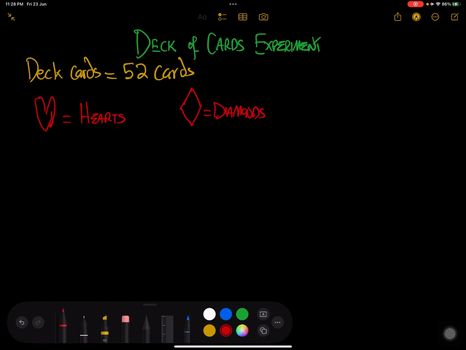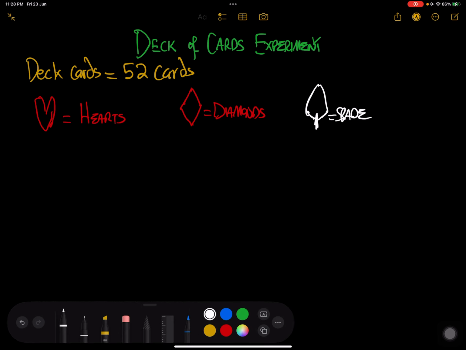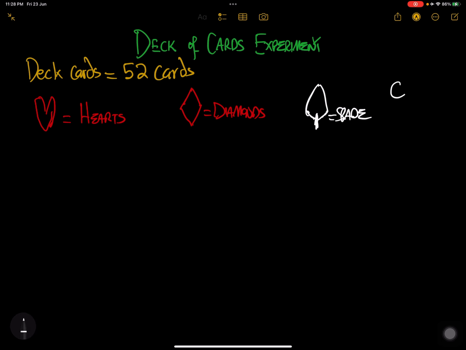We can also have the black cards, which is a spade, and then we have the last one, which is a club. I know my drawing looks a bit funny, but we're going to take it as is.